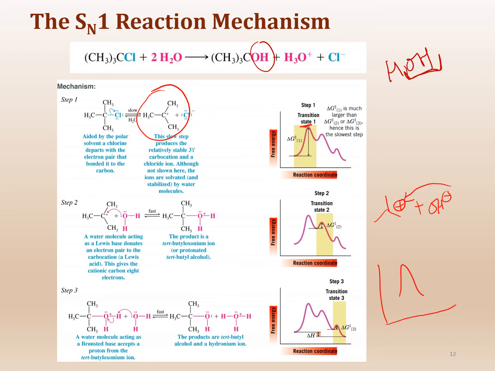You will just have 2 transition states, one for the carbocation and then one for the hydroxide attacking. In this case, you have 3 because there are 3 steps in this reaction. So don't get too bogged down by transition states if that's bothering you, or you can always ask me about that. But the most important thing is, of course, the carbocation formation.